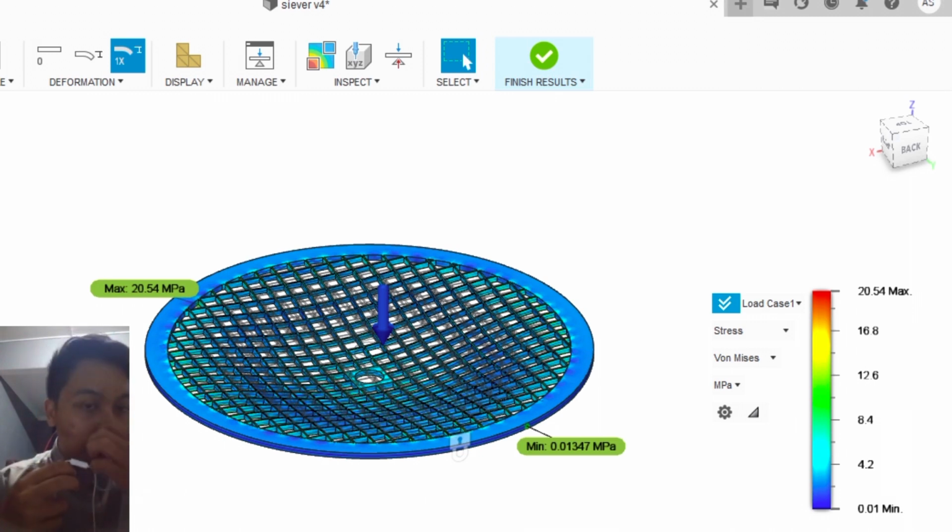As we can see, the blue color appears in the motion, which means that it can still support the weight of flour and still not break. If the red color appears, that means the sieve will break. So in conclusion, our design and the material that we use are suitable for this project.